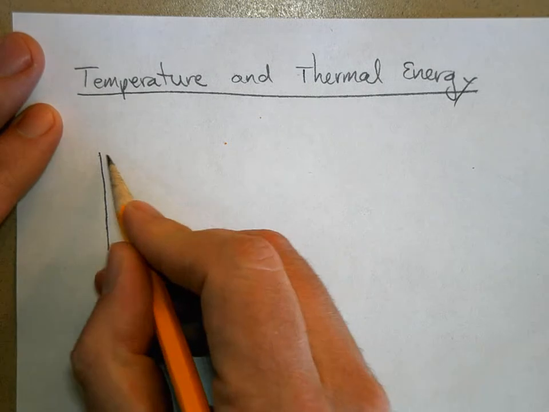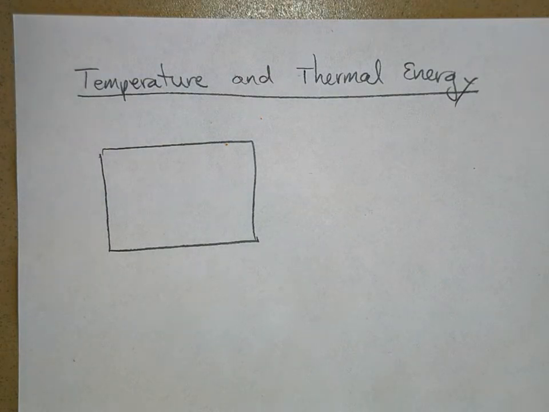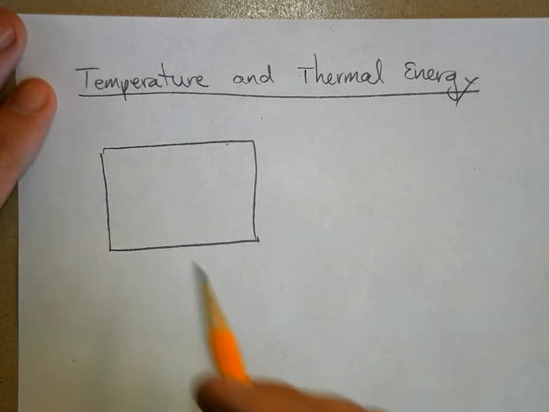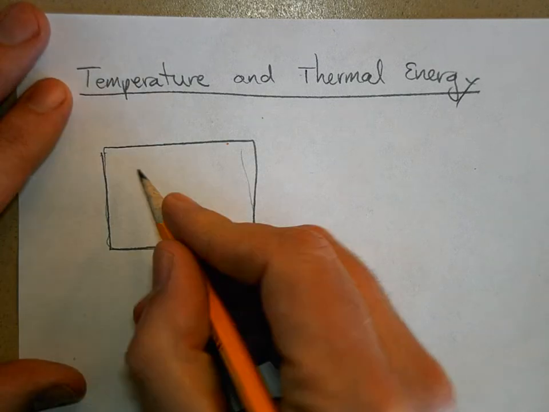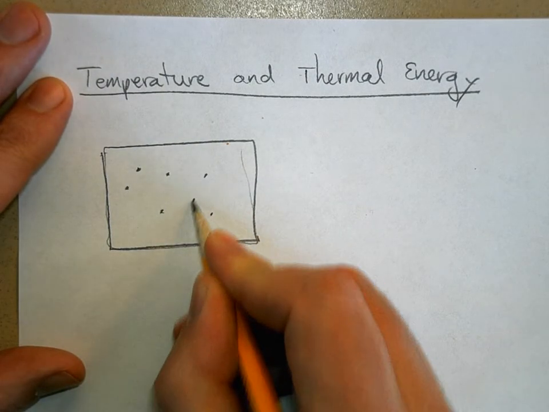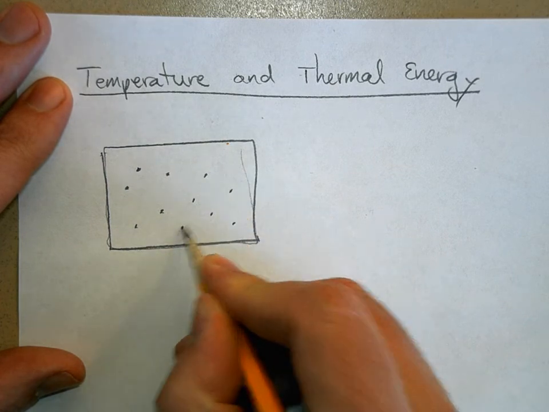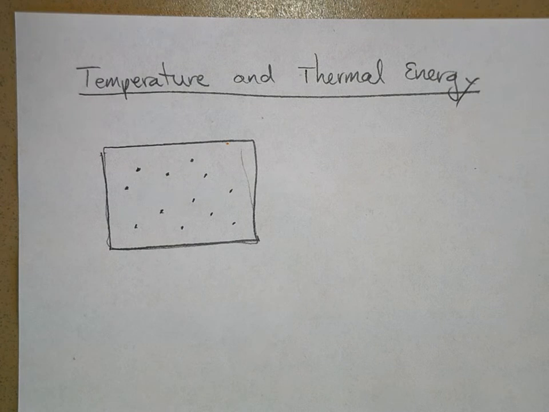Suppose I have a container and it has a large number of molecules, and let's just say that it's air, and I'm going to make it hot. Now if you look, I'm just going to draw a few representative dots that's going to represent the literally trillions of air molecules that are in this container.